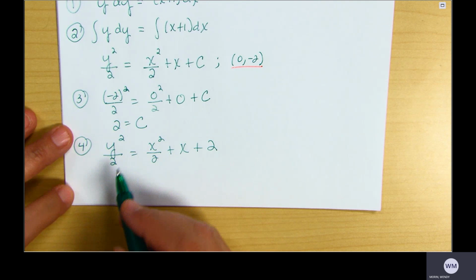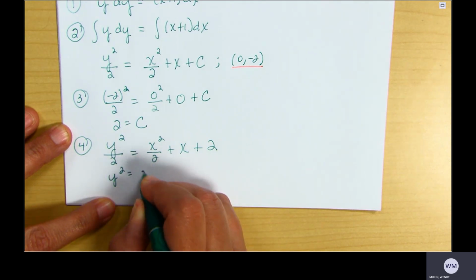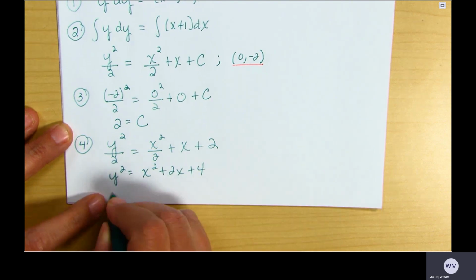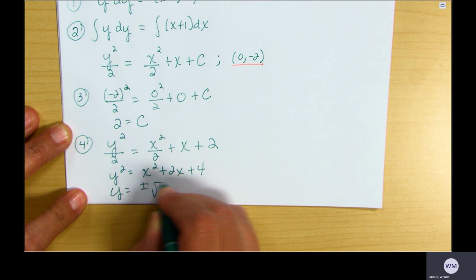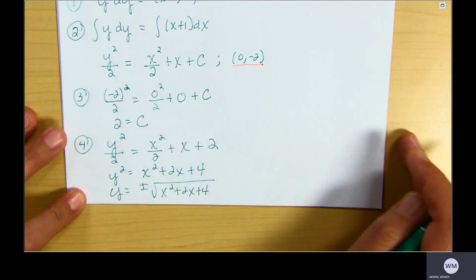So we'll go ahead and solve this one. So multiply through by 2, and you get y squared equals x squared plus 2x plus 4. Take the square root of both sides, you get plus or minus the square root of x squared plus 2x plus 4.